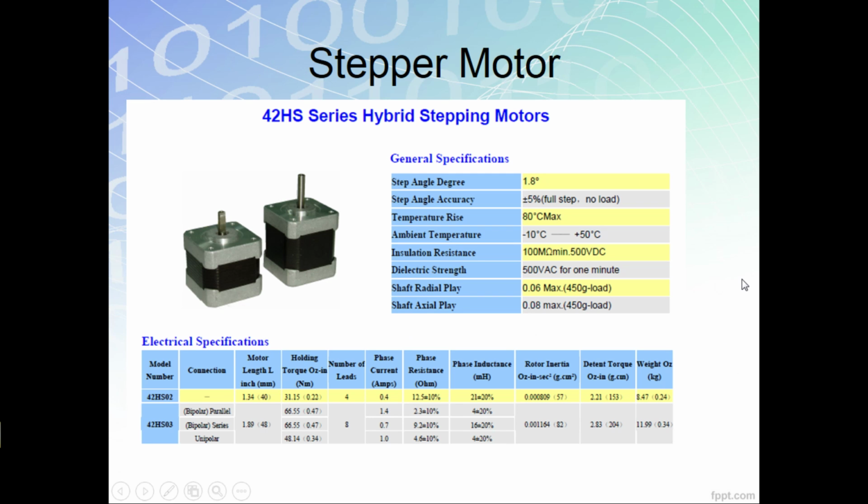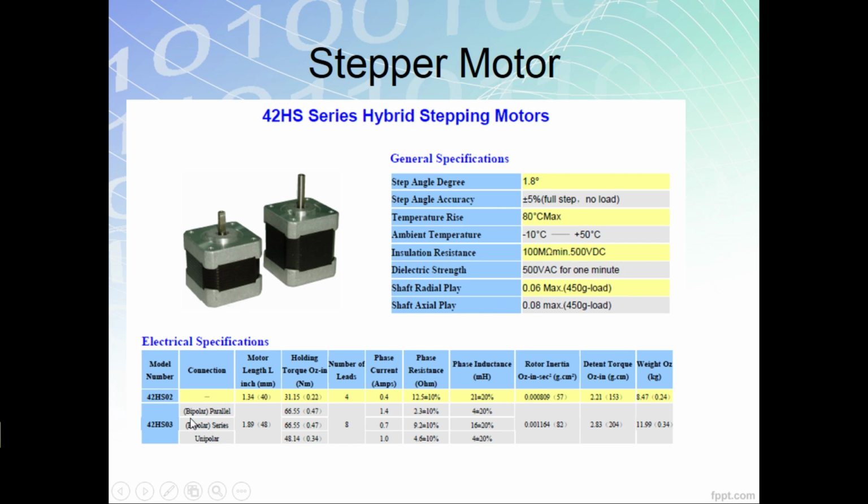Let's check the stepper motor that we will be using in our experiment. So we are using a hybrid stepper motor. These are the mechanical specifications. You will see the step angle. We have 1.8 degrees per step. We have step angle accuracy, some temperature parameters, the insulation resistance, the electric strength, the axial and the radial play.